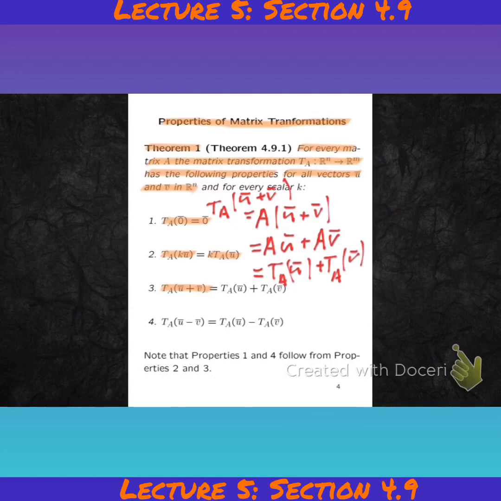And the last property is easy to see as well, because property 4 follows from the previous properties. Okay, so those are properties of matrix transformations.